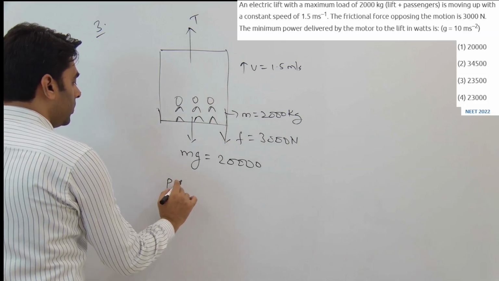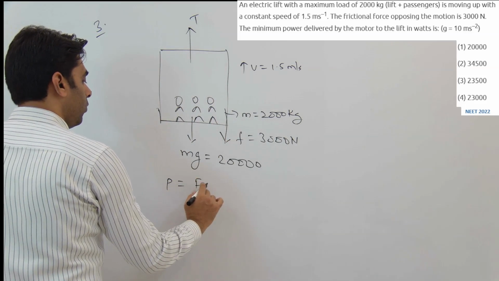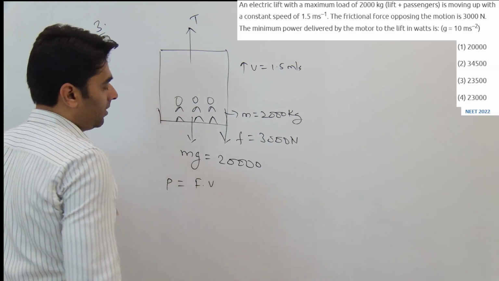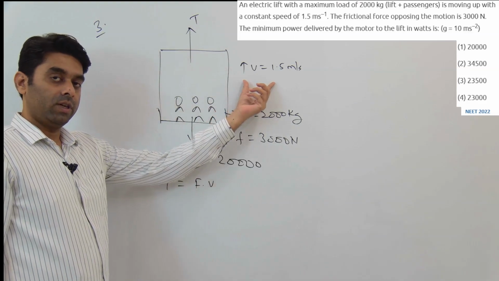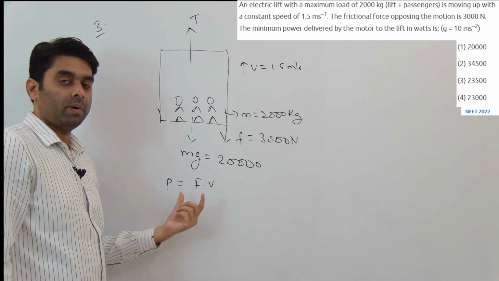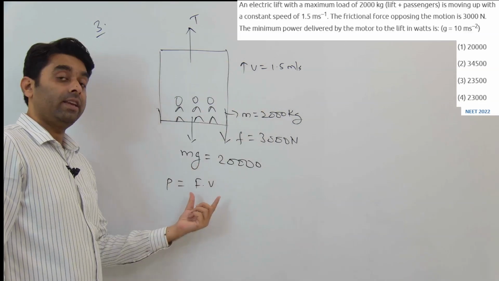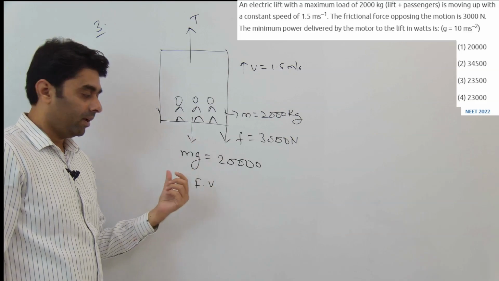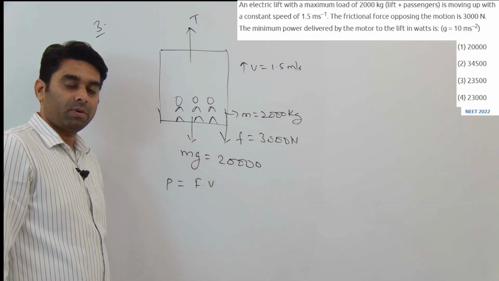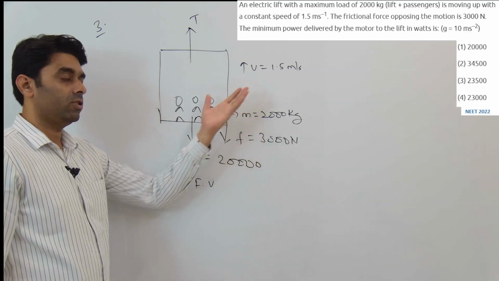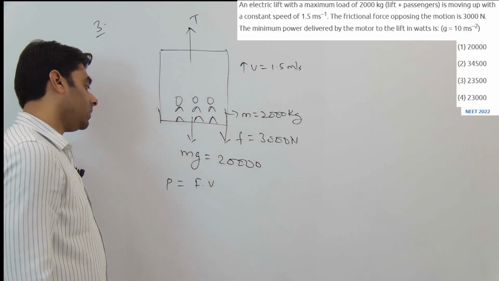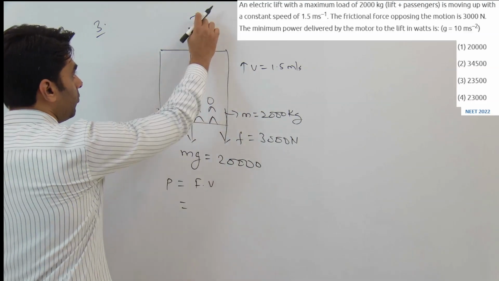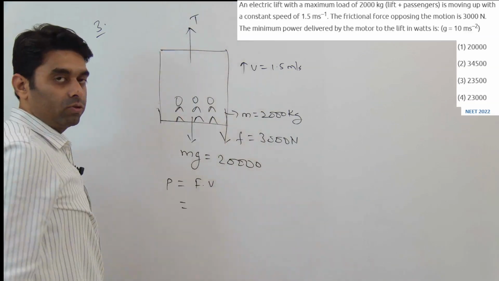Power we know is given as basically force into velocity. Over here velocity is given to us, it is 1.5 meter per second. Power is work done by time, and we can also write instantaneous power as force into velocity. Velocity is constant, so we can calculate this. Now how much is the upward force required to move this whole system?